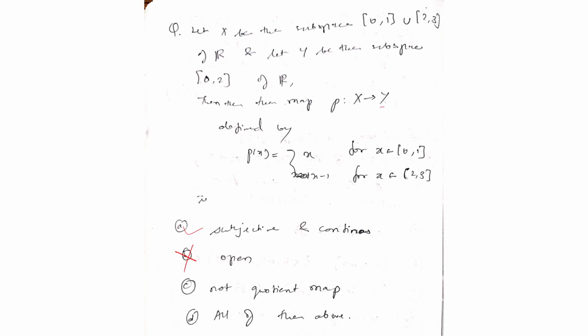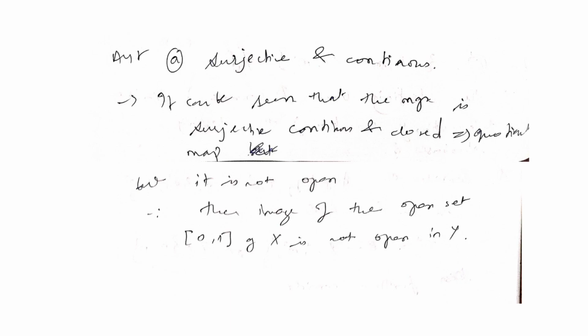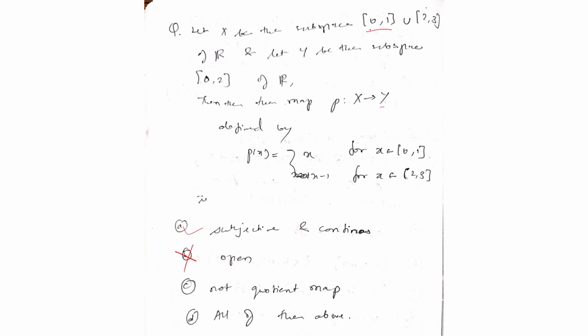A reason? Tell me. Why is it not open? Yes, it is not open. Yes, the image of an open set should be open, right? But here it is not. Fine. For example, if you take the image of the open set (0,1) here, (0,1) is open in X, right? This is open in X, but it is not open in Y. Fine. So it is not an open map.